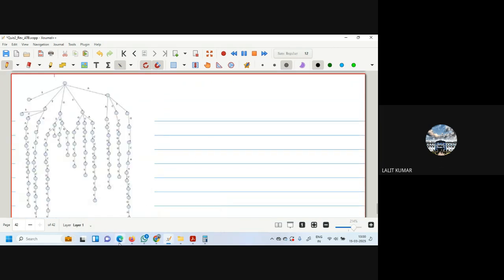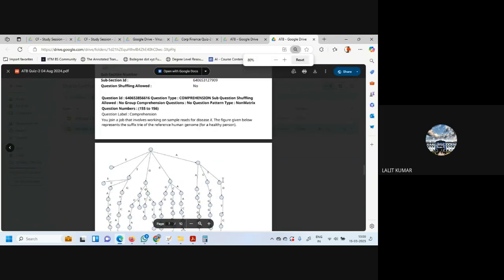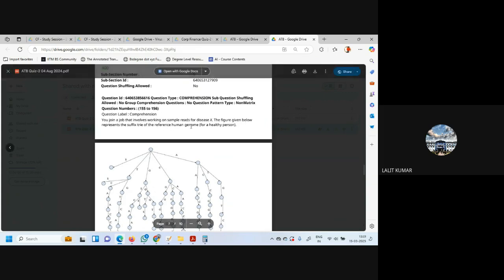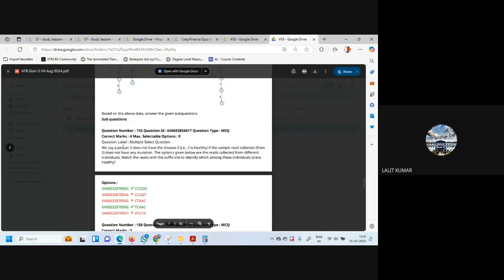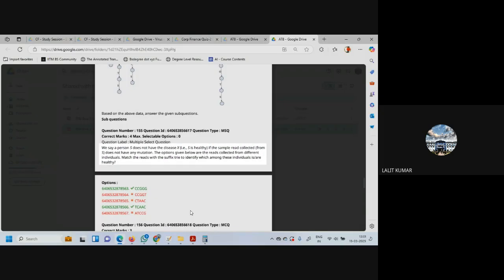So let's first understand the question. What's the meaning of healthy and unhealthy? The job involves working on sample reads for disease X. The figure given below reflects the suffix tree for the reference human genome for a healthy person.